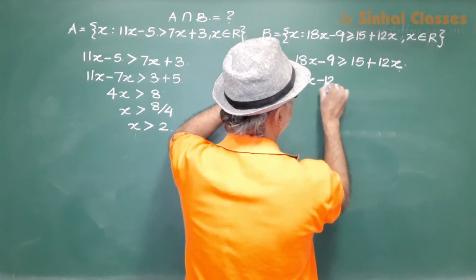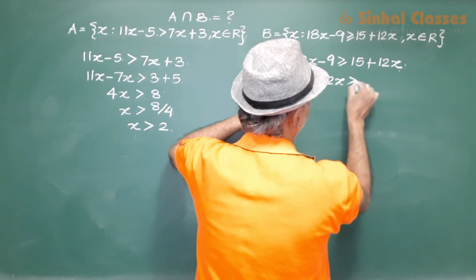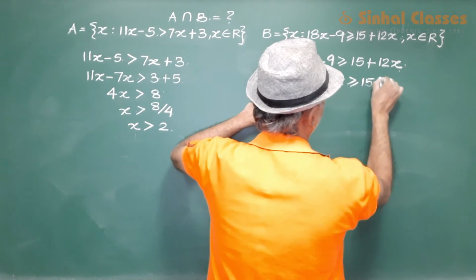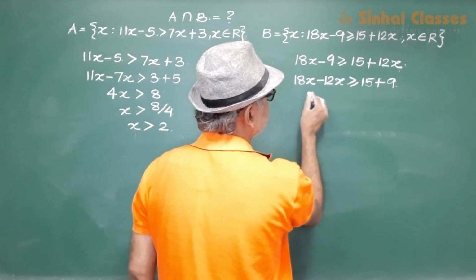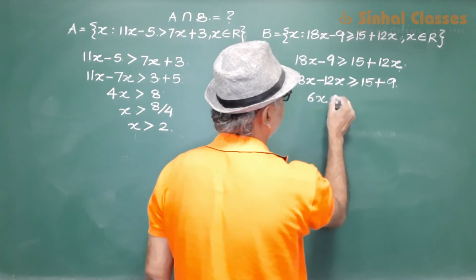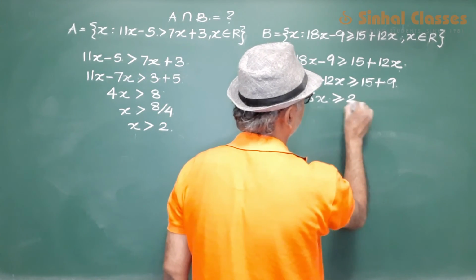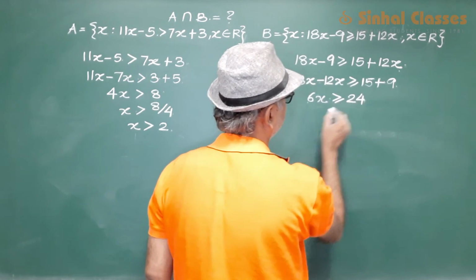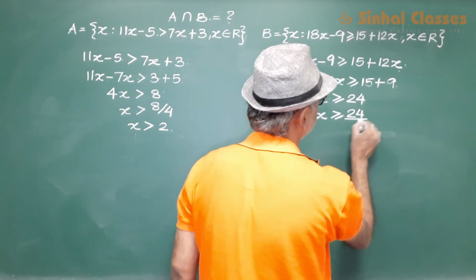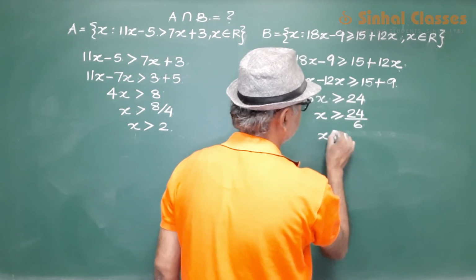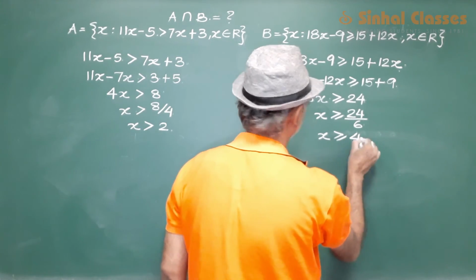Minus 12x, 6x greater than or equal to 24, x greater than or equal to 24 upon 6, x greater than or equal to 4.